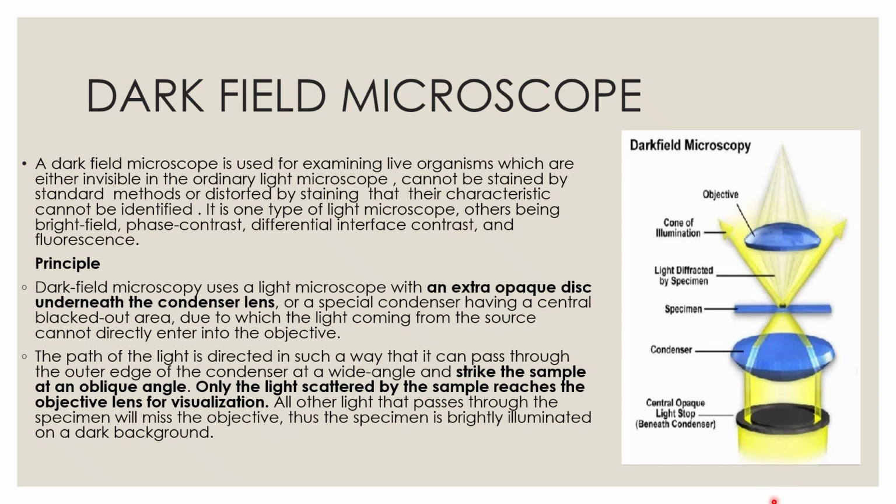For example, the light source produces light, but the light cannot pass through this blocked out region and the outer edge. There is one small unblocked portion in between, and the light can only pass through this unblocked region.